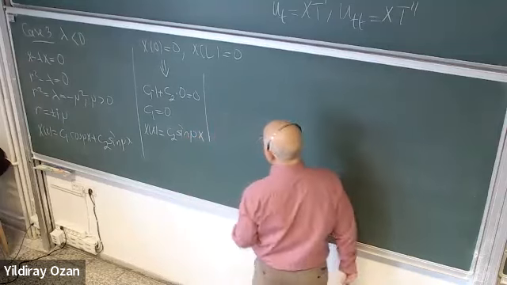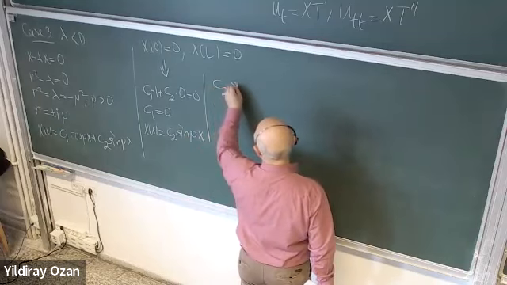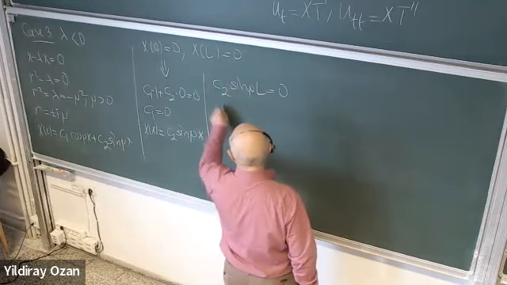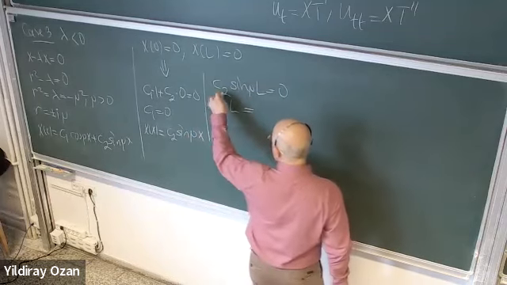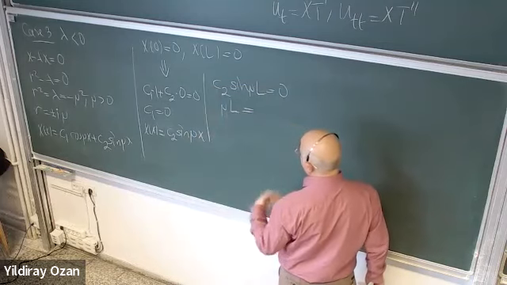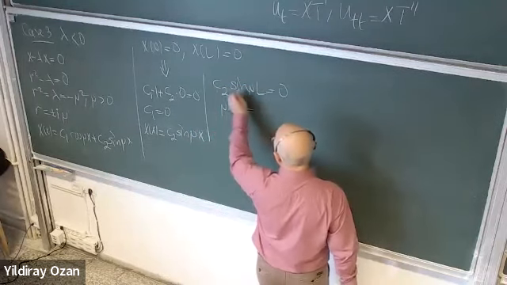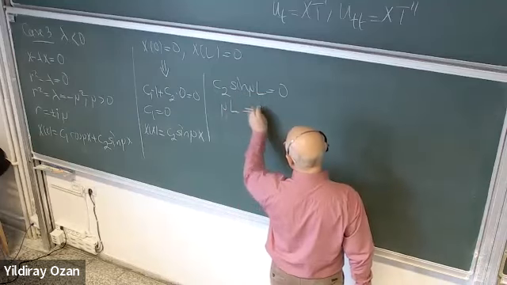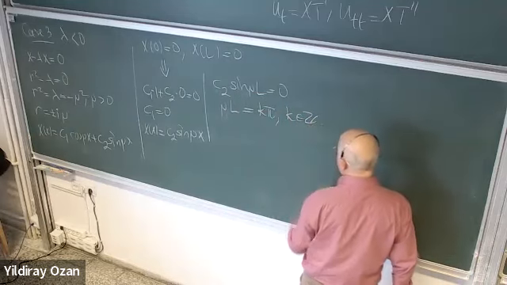What about X of L is 0? So c2 times sine nu L is 0. Therefore, either c2 is 0, but then you get again the 0 solution. So the only way to obtain a non-zero solution is that this sine nu L should be 0, and this is possible only if this is a multiple of pi, where k is an integer.